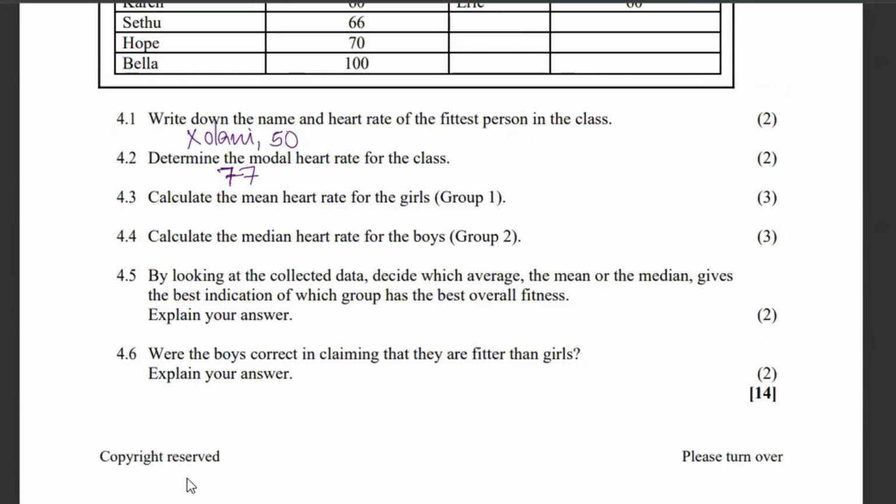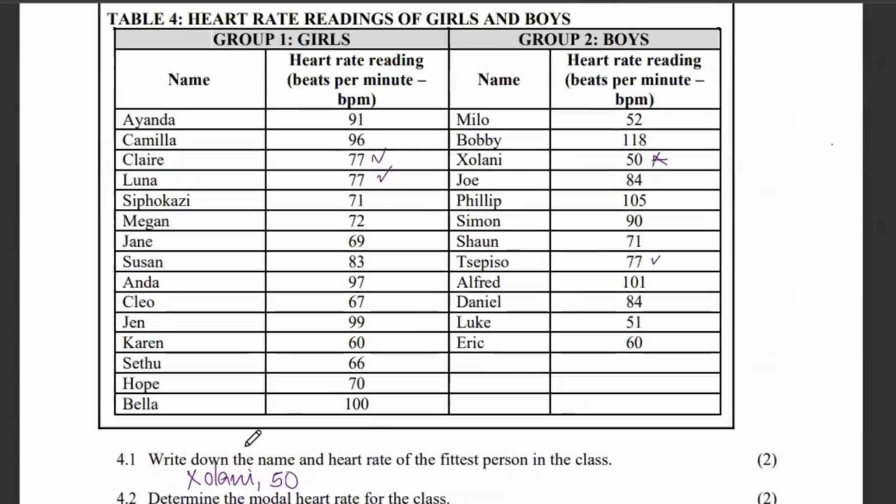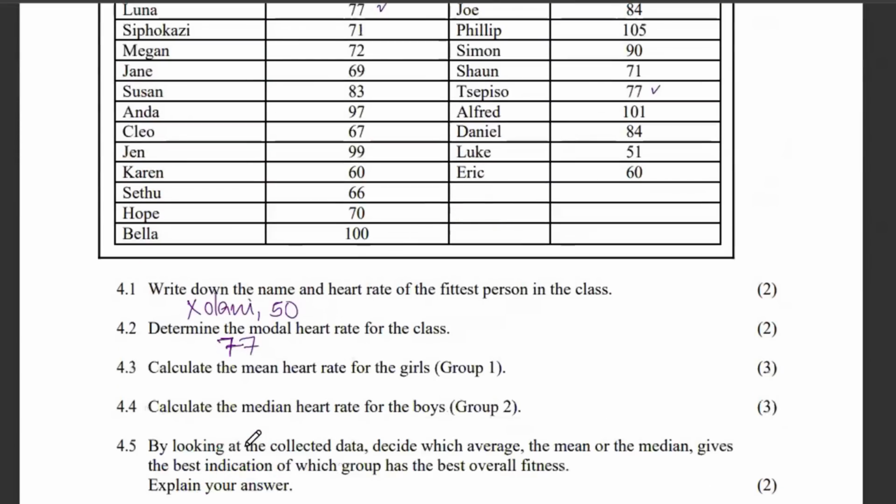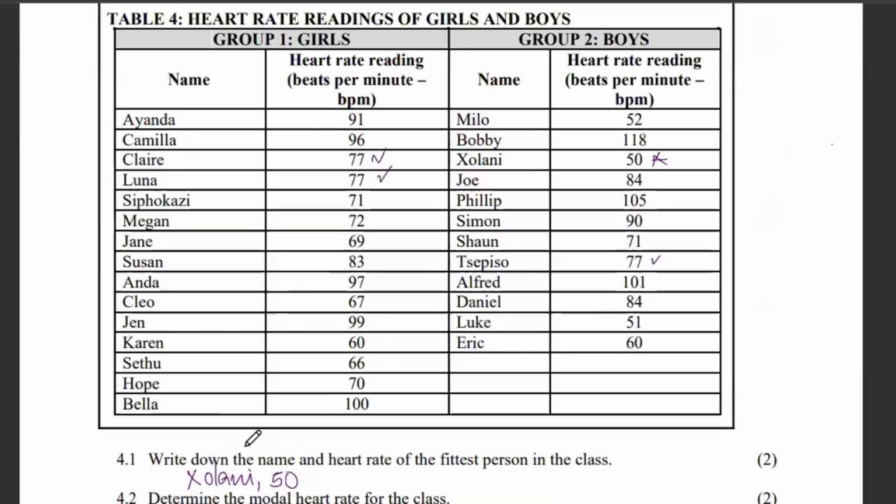Calculate the mean. For the mean, you add everything up with the girls and divide by the number of girls.